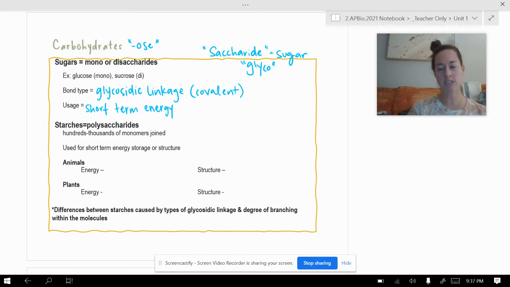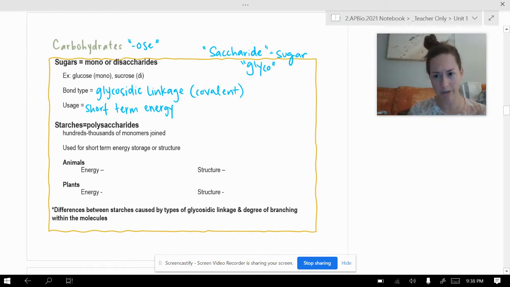Humans do have starch in us that we use to store our sugars, but it is still going to be short-term compared to a fat. So all of your glycogen, which is your animal starch in your liver, would last you about 24 hours if you stopped eating.